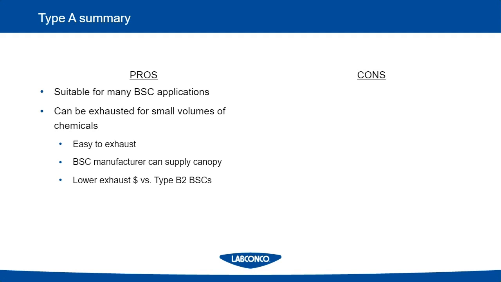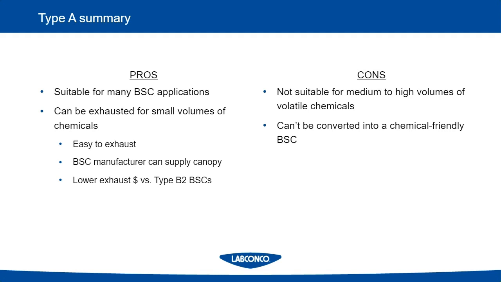And they typically are lower cost of exhaust compared to the Class II type B2s, which we're going to talk about next. The downside is they're not suitable for medium to high volumes of volatile chemicals. Another downside is they can't really be converted into a chemically friendly biosafety cabinet, meaning they are always going to be only for those low volume chemical usage.